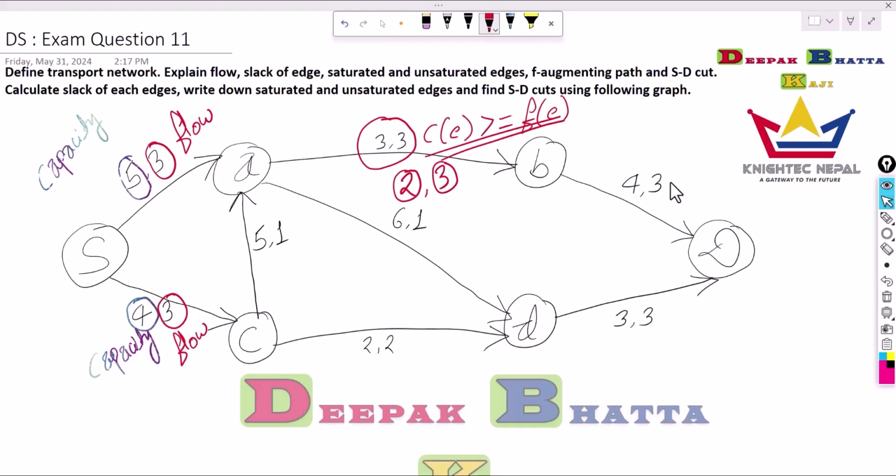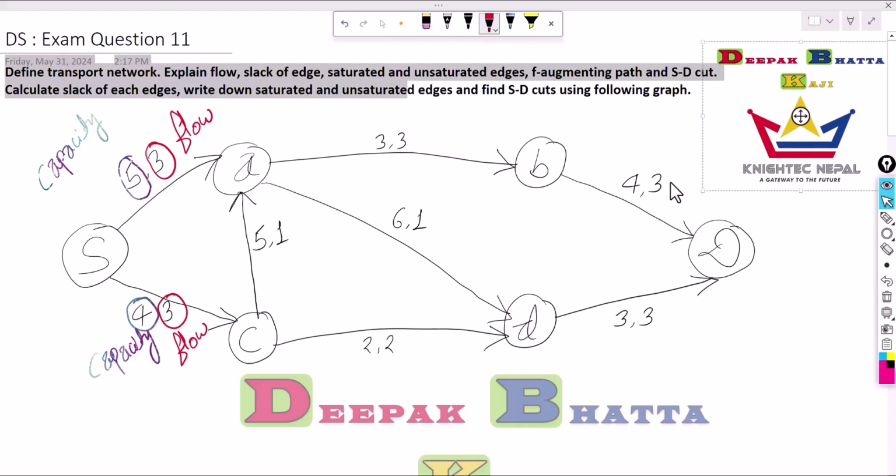So the capacity value is always greater than or equal to the flow value. If 2 is our capacity and 3 is the flow, it cannot be possible. We cannot pass more than the capacity. If I write this as a 4, then it is possible; we can flow through this edge. So you must keep in mind which one is capacity and which one is flow.